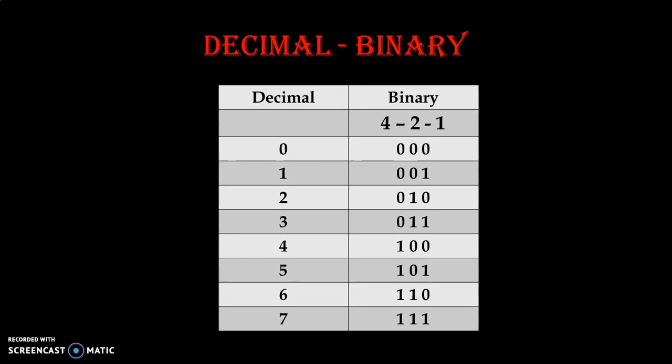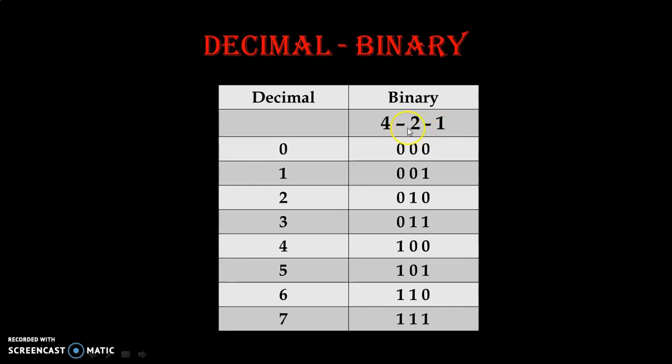Now decimal to binary. This number system is known as 4 2 1. This grouping of 3 is very important while converting an octal number into binary and binary to octal. So decimal value 0 has the equivalent binary number 000. You should always remember this 4 2 1.